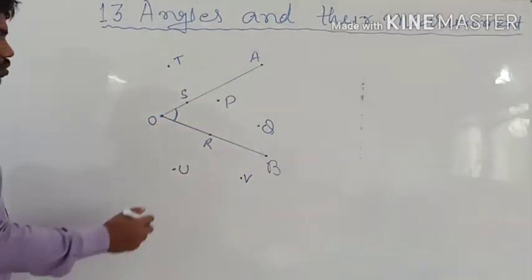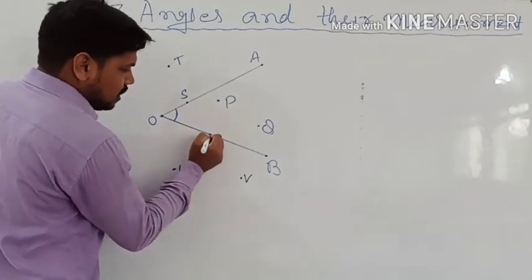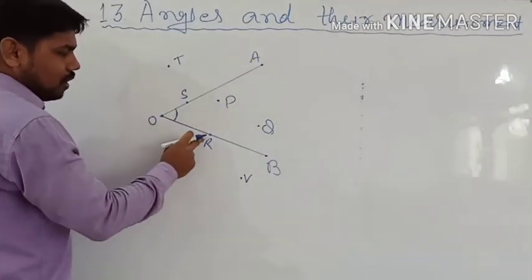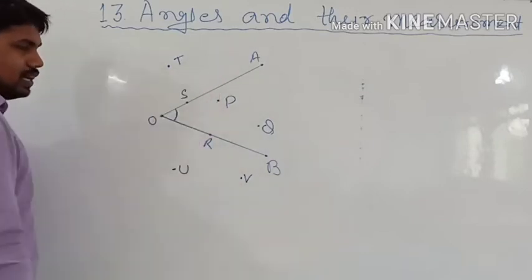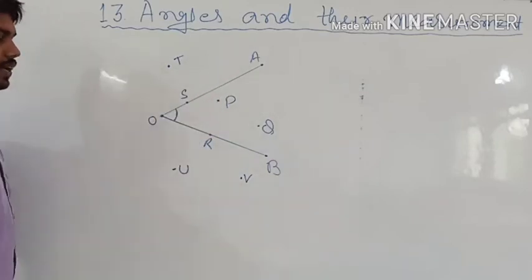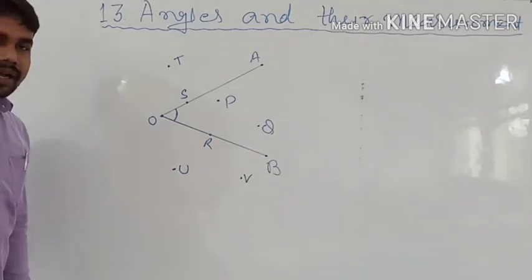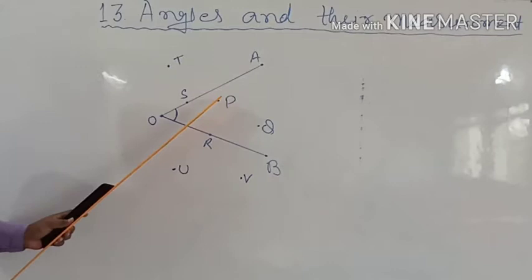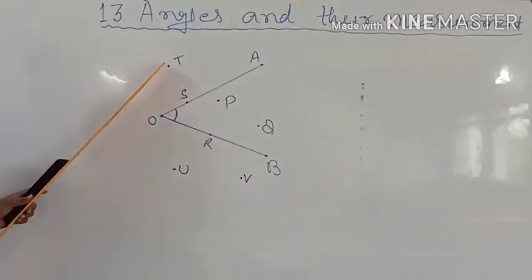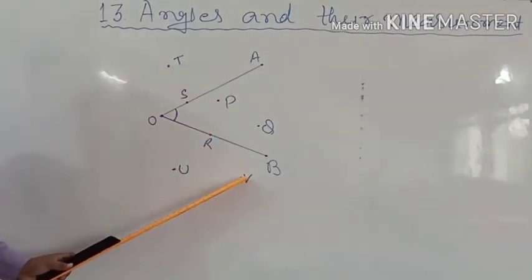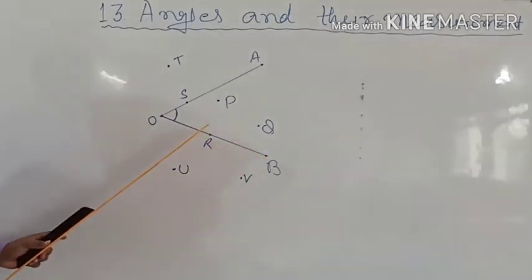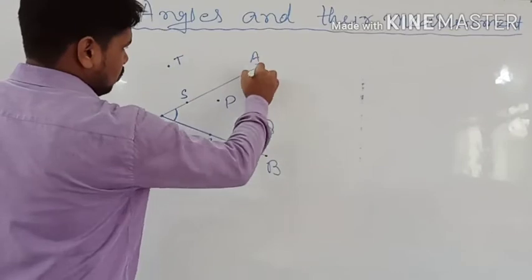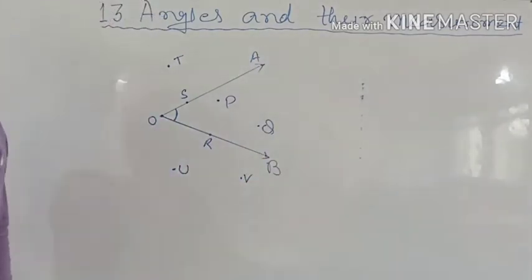And those points which lie on the angle itself, like A, S, O, R, B, we say these points are lying on the angle. So inside, the interior points are P and Q, the exterior points are T, U and V, and on the angle itself we have B, R, O and A. It can be rays also, it can be line segments also.